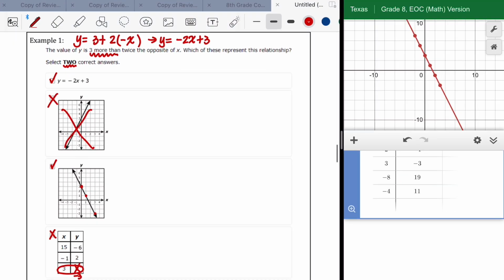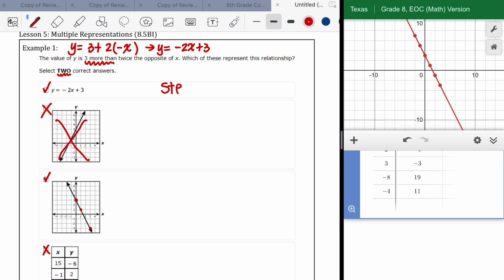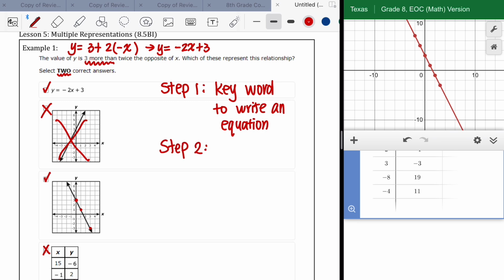So to summarize, what do we do? Step 1, finding out your keyword to write an equation. Step number 2, type in the equation, and then convert to a table by using what?